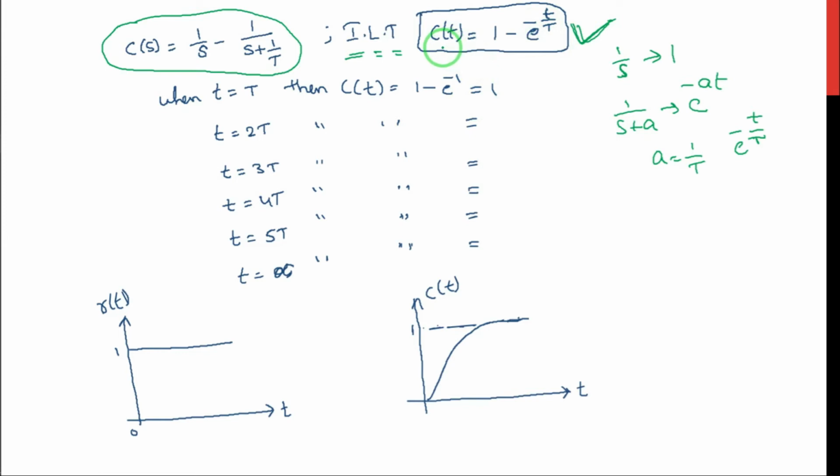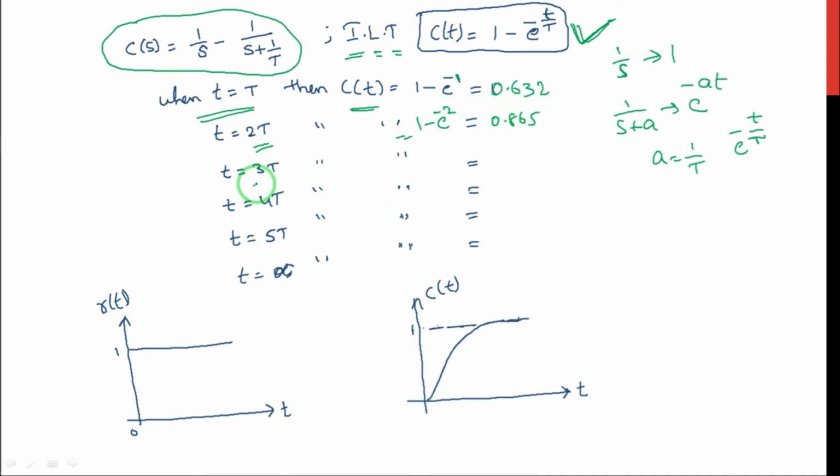Now we have to analyze this output response. First of all, when T is equal to capital T, what is the output C of T? 1 minus e power minus capital T by capital T is 1 minus e power minus 1, that is 0.632. When T is equal to 2T, then C of T is equal to 1 minus e power minus 2, 0.865.